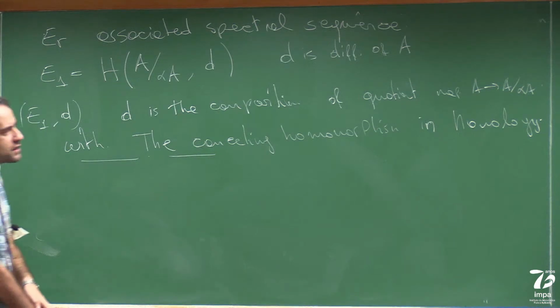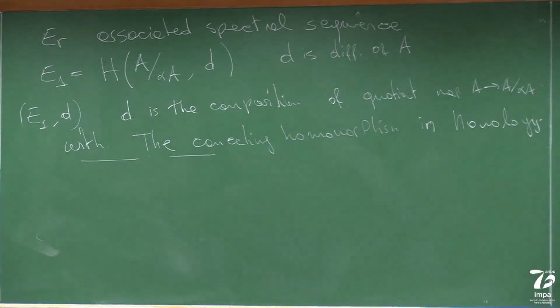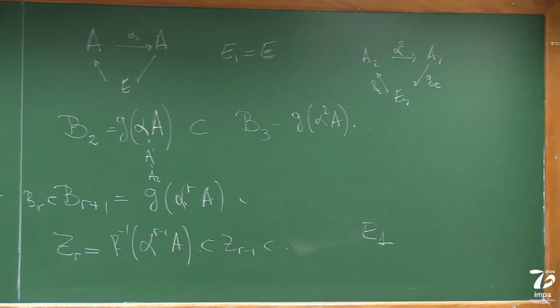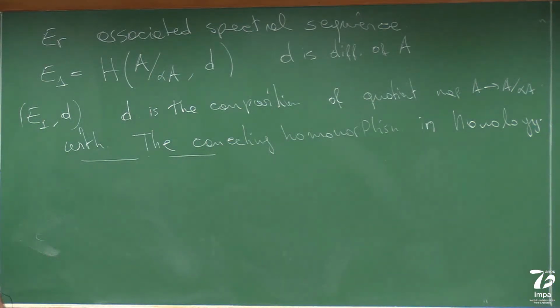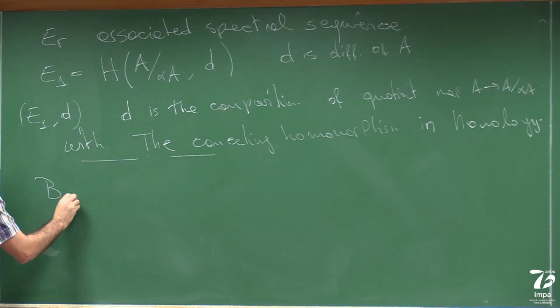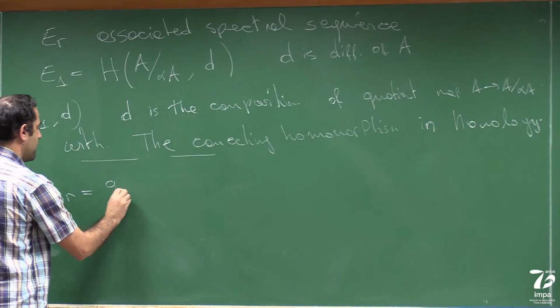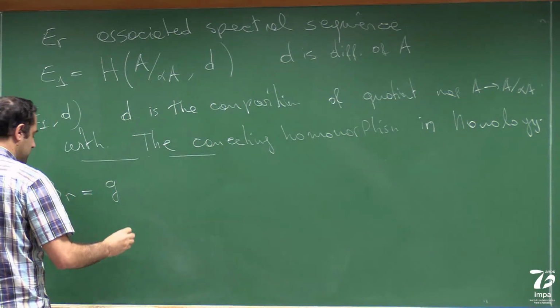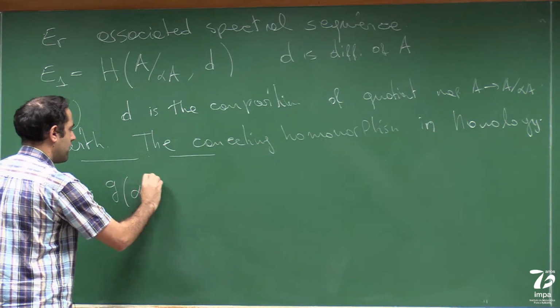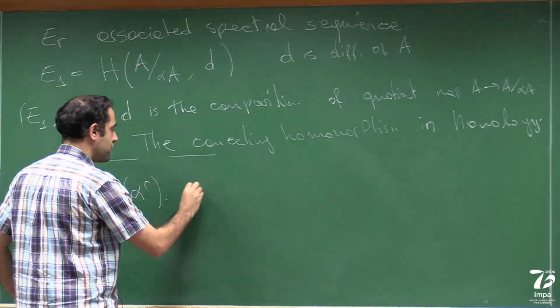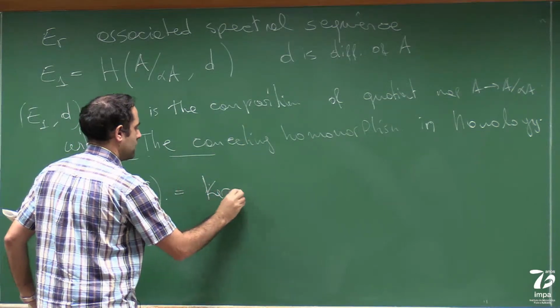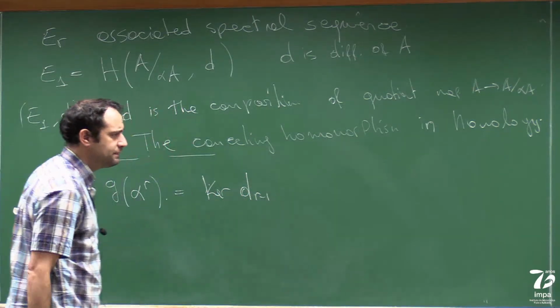So how do these differentials and these B_r and Z_r look in this picture? Well, our B_r, which remember is G of alpha R, is the kernel of the differential in degree r minus 1, if I'm not wrong.